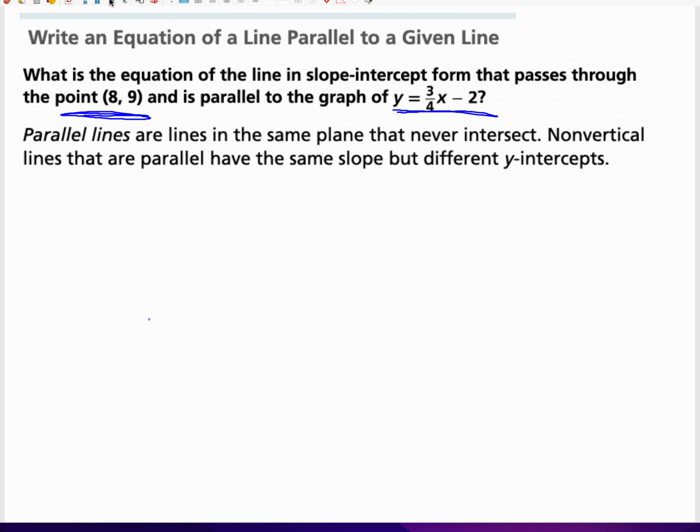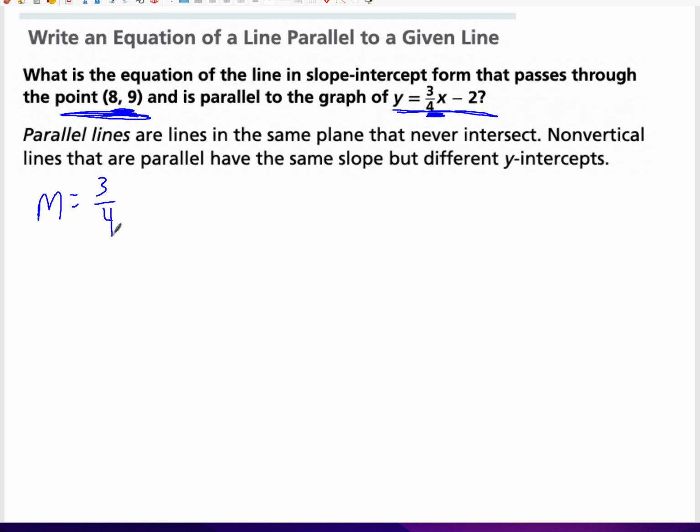What is the procedure for writing an equation that goes through this point but is parallel to this line? So we know the slope of this line, right? Because we've got a slope-intercept equation. So what's the slope? 3/4. So I want a line that has a slope of 3/4 and goes through 8, 9.